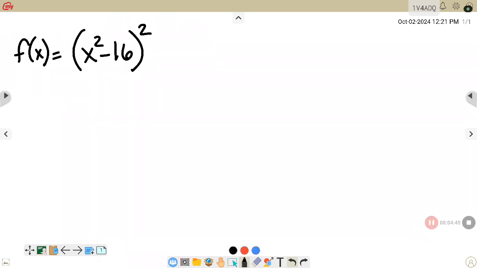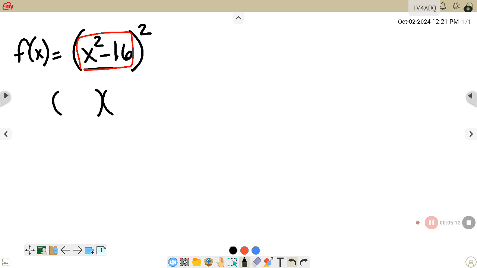All right, on this next example, still doing the same thing. However, this one's not already in its factored form like the previous 2 examples. I need to factor what is inside this parenthesis, that x squared minus 16. So I need to put it in its factored form.